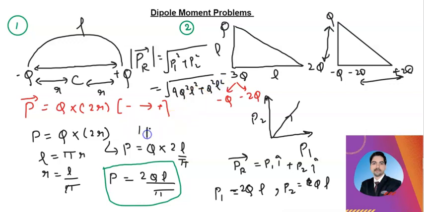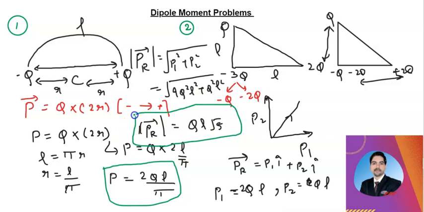So finally we got the magnitude of the resultant dipole moment, which comes out to be QL root 5. So this is the final answer which we get, the resultant dipole moment vector.